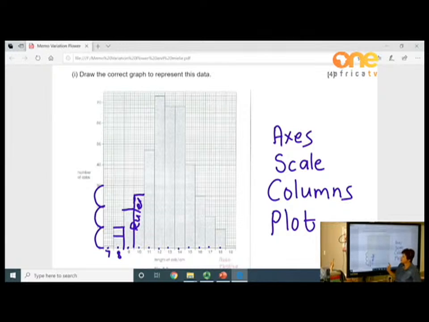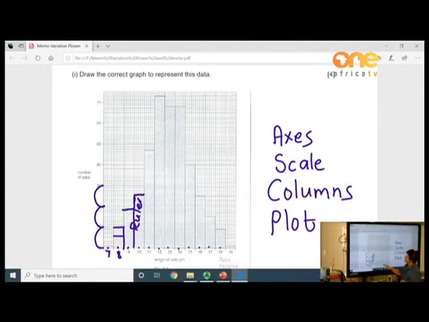Your columns, you get your marks when they are attached, same width, each column, and draw with a ruler. Attach because it's a histogram, no spaces. Draw with a ruler. That will give you your mark for columns and the same width.